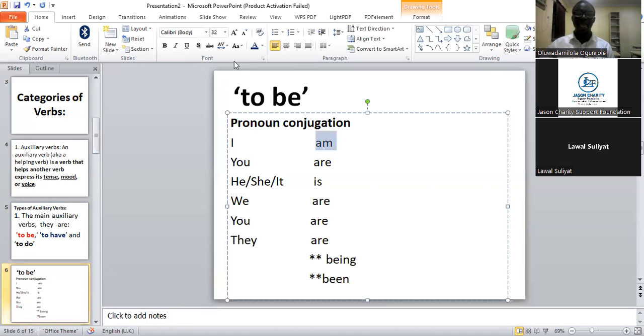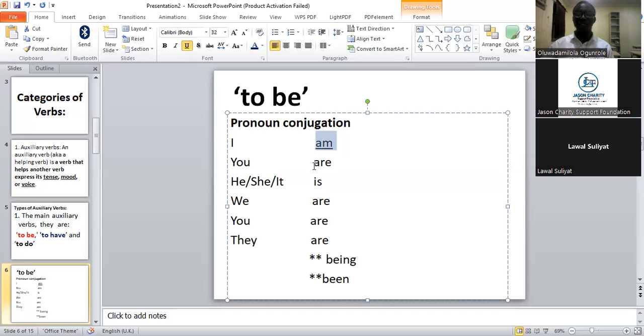You say, I am doing this, I am going there, I am working this, I am saying this. Now, in the sentences that I've given, you realize that I am using am with another type of verb. Now, am there is supporting or assisting that other type of verb. The other type of verb used there is what we call our lexical verb. The auxiliary verb assisting the lexical verb, or what we call a main verb.